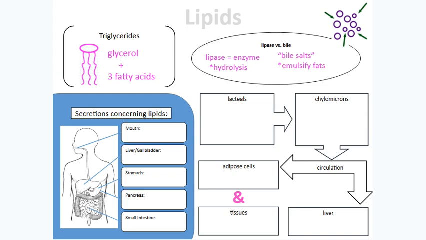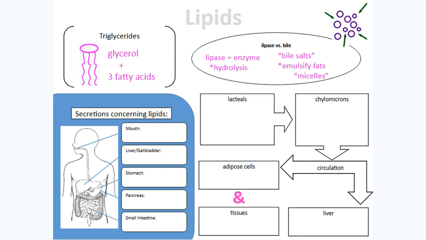And that's going to make it a lot easier for lipase to come and break down fat because there's a lot more surface area that lipase can come chemically pull those fatty acids off that glycerol molecule. So that's called emulsification. These tiny little globs, by the way, they're called micelles, are suspended in that watery environment. So that's emulsification. They make these little globs that can be suspended within that water.